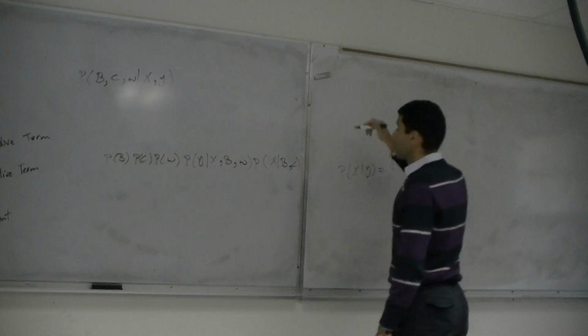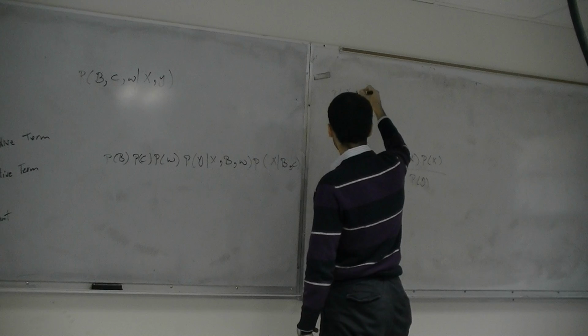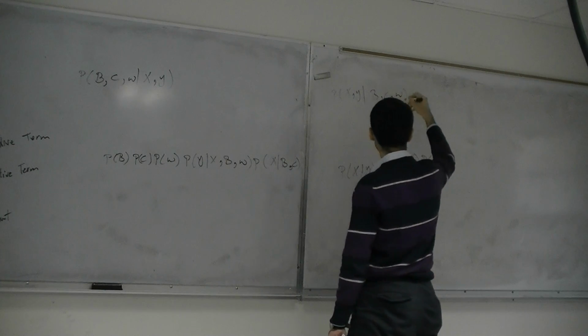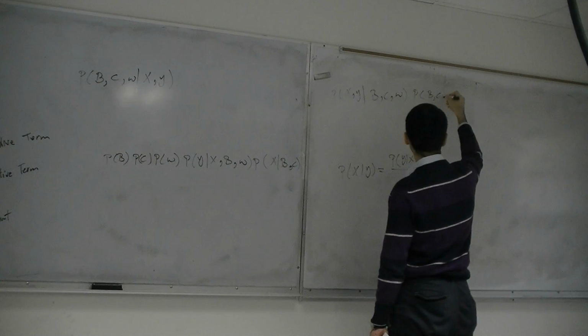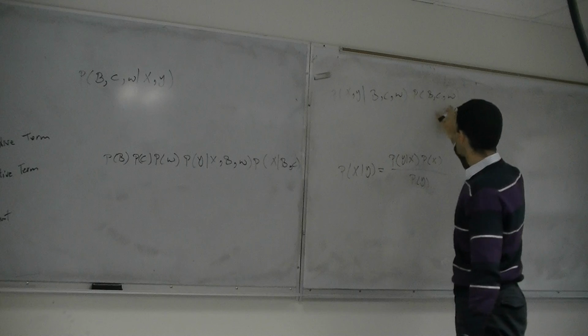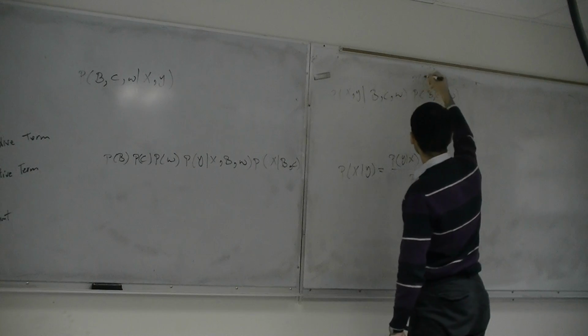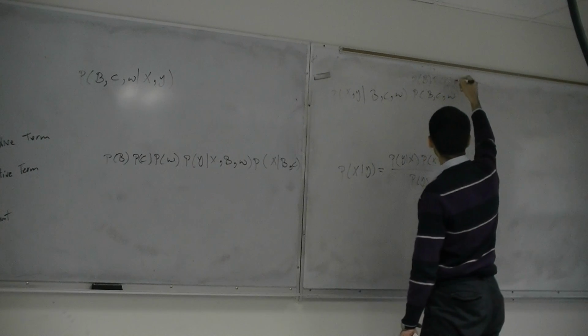For finding this one, we have the P(X, Y given B, C, W) multiple P(B, C, W). We assume these three are independent, and we can use the PB multiple PC multiple PW.